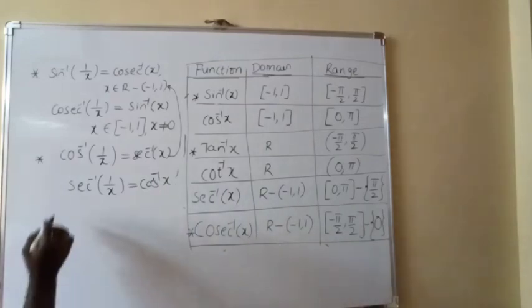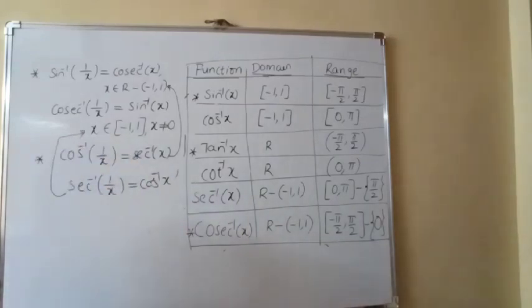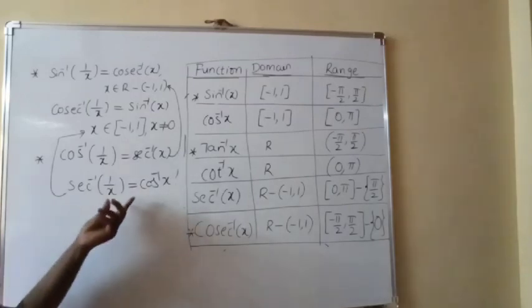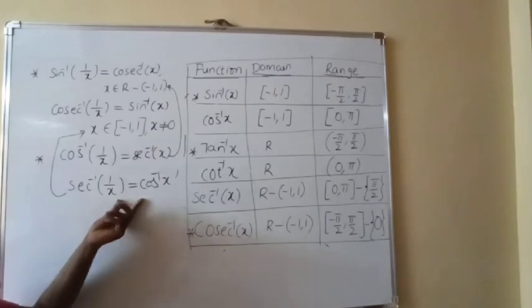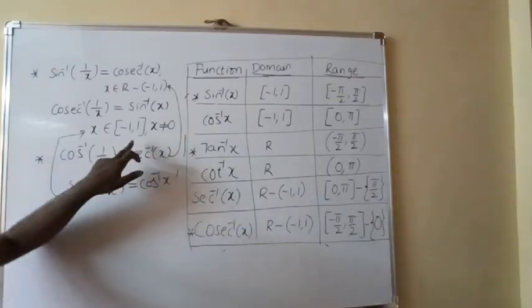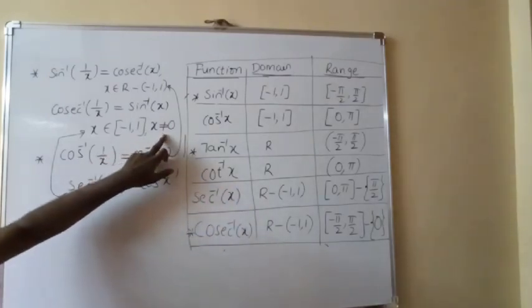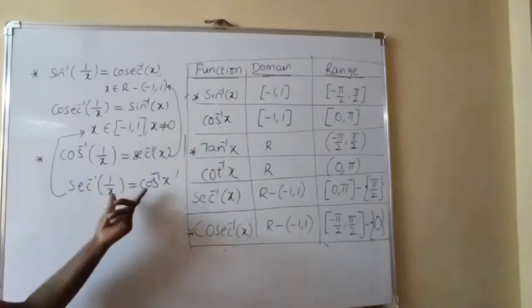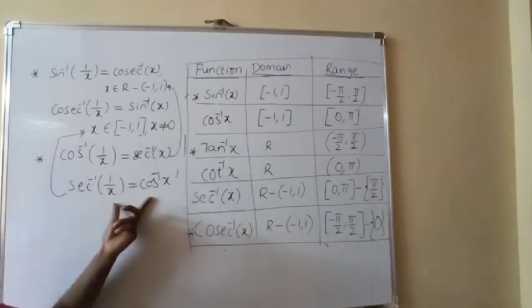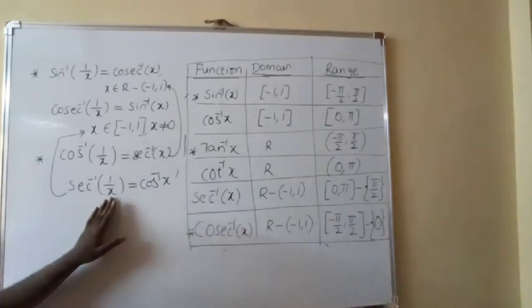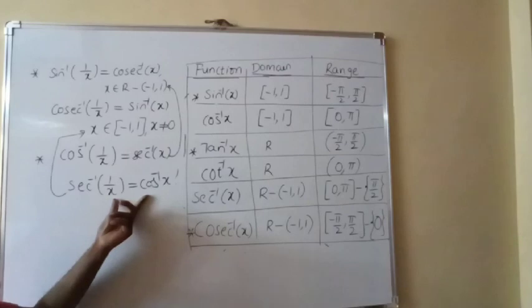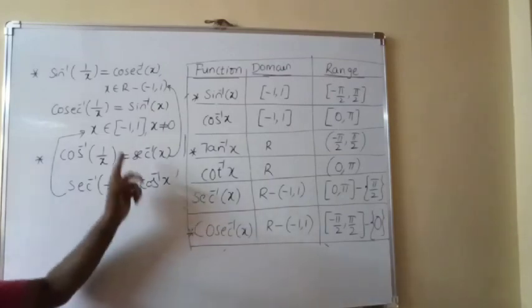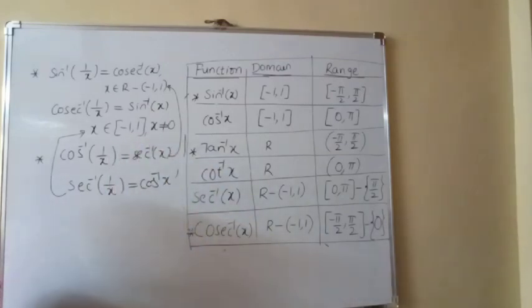So where x belongs to closed interval minus 1 comma 1 other than 0. For those values of x only, these two functions are equal. But it is not the original domain of cos inverse, because here 0 is not included. So these two functions are not identical functions.